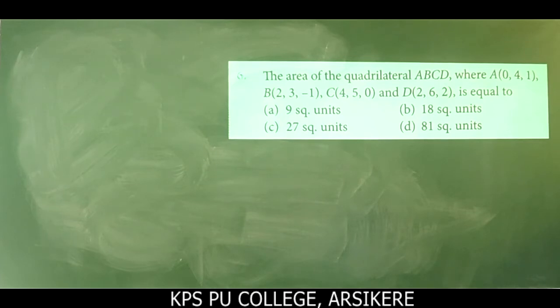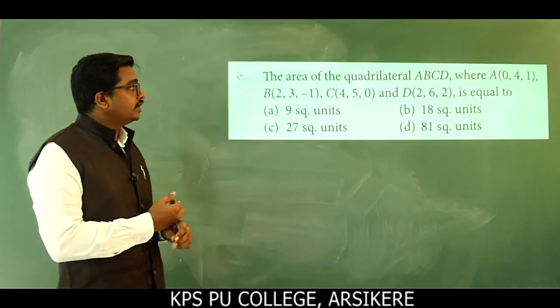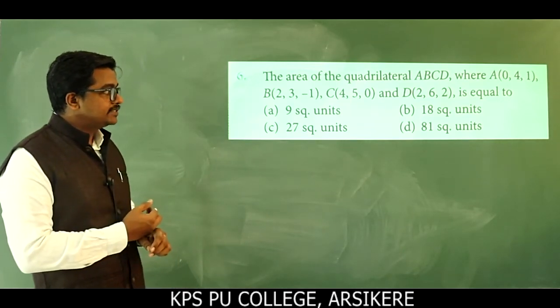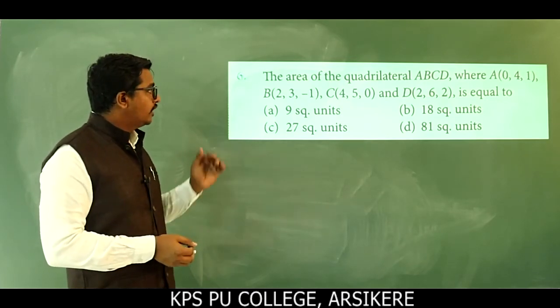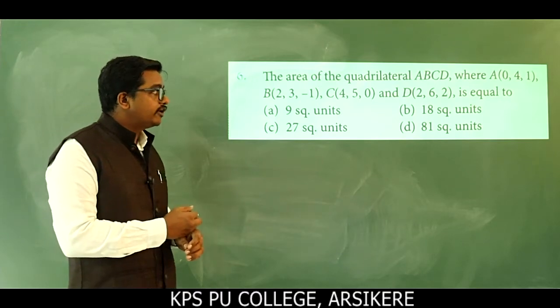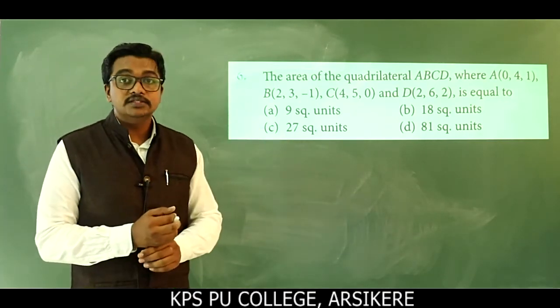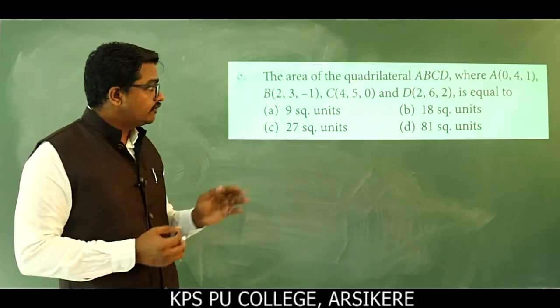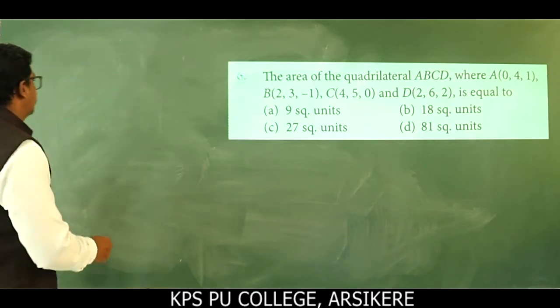Now dear students, we are moving on to example questions. Find the area of quadrilateral ABCD where A is the point (0, 4, 1), B is (2, 3, −1), C is (4, 5, 0) and D is (2, 6, 2). Here we define the area of the quadrilateral ABCD.